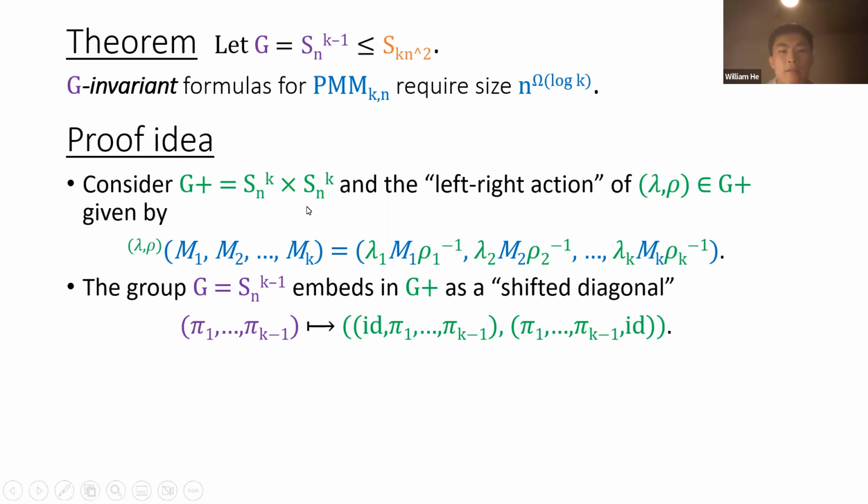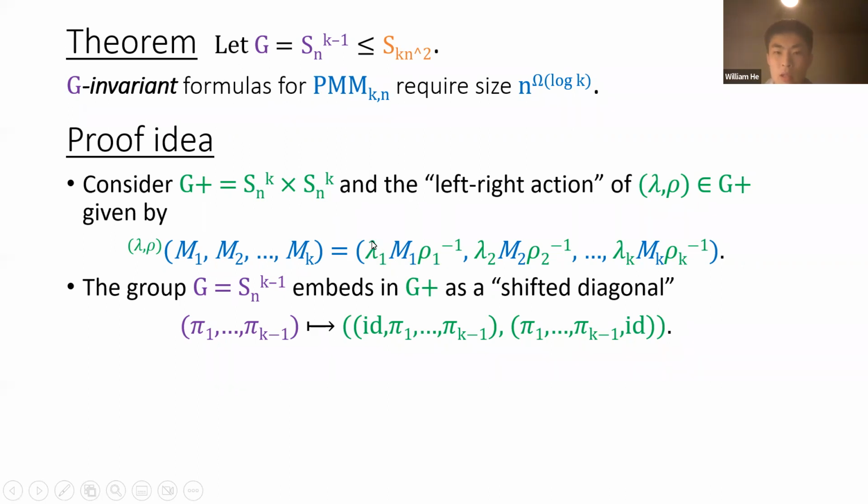Now we see that the action of S_n^(k-1), the shifted diagonal action of G on inputs, embeds into the action of G plus on inputs as a subgroup of G plus. So the action of S_n^(k-1) on inputs is really the action of the following subgroup of G plus.